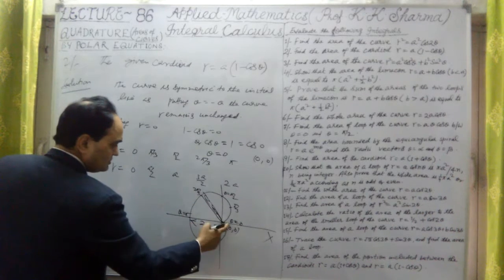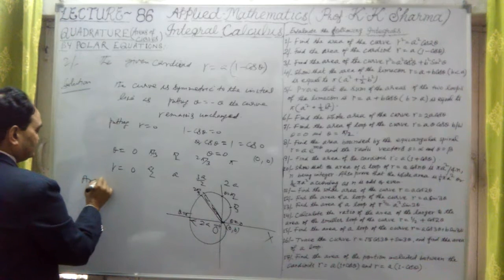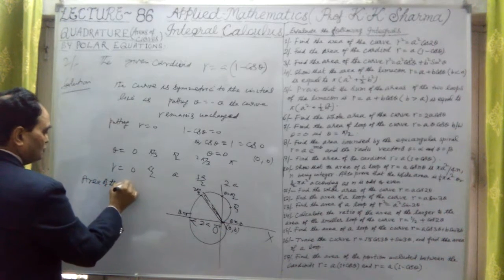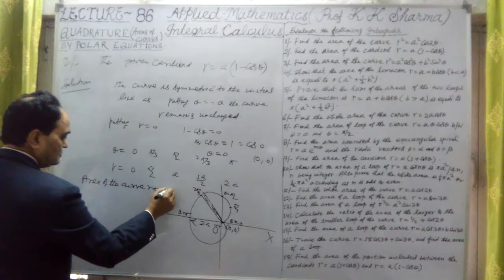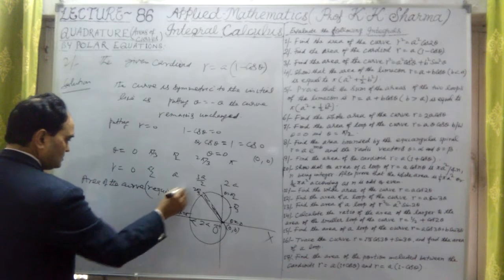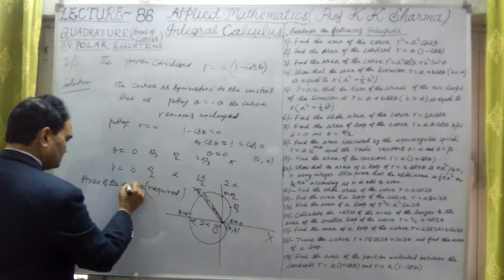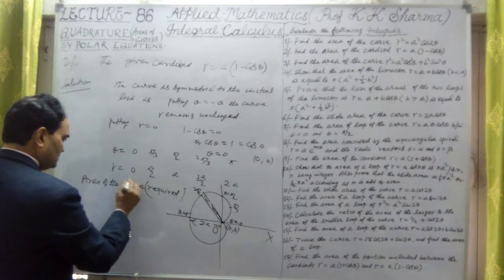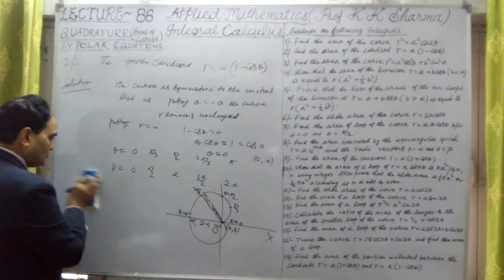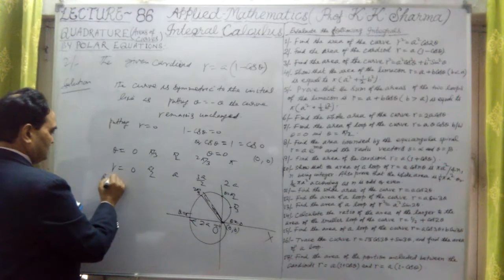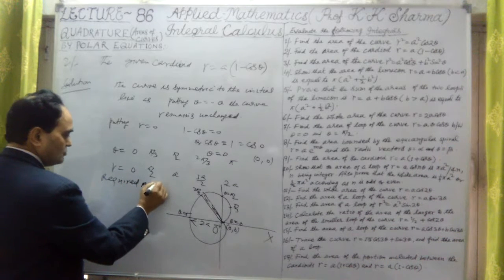The required area of the curve is twice the limits 0 to pi.